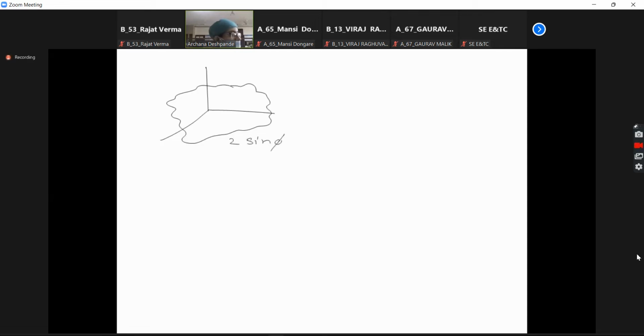And there exists at r is equal to 1 a circular disk. So r is equal to 1 is a circular area, whose radius is going to be the same. So therefore, this is an infinite plane, and in that infinite plane there is this disk whose radius is 1 meter.